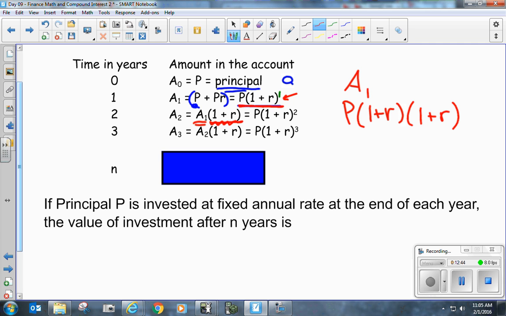How else can I write it? Square it. 5 times 5, I can write 5 squared. So can I write this as P times 1 plus R squared? Yeah. For A2? Oh my God, look at that.